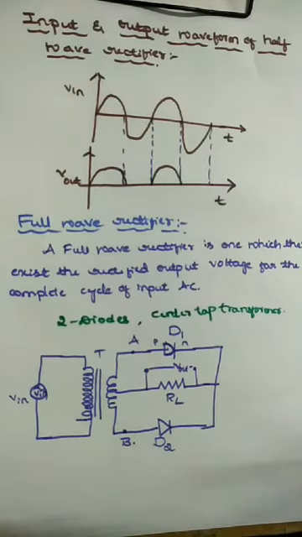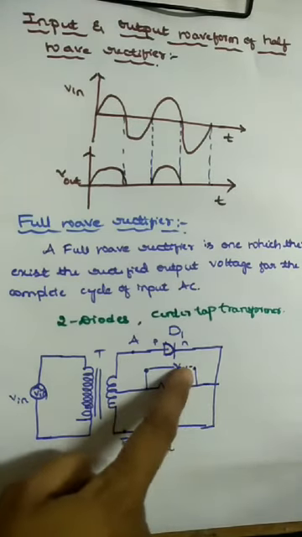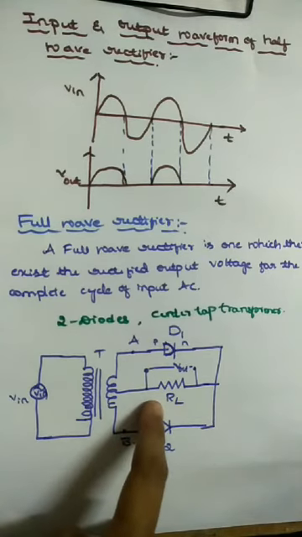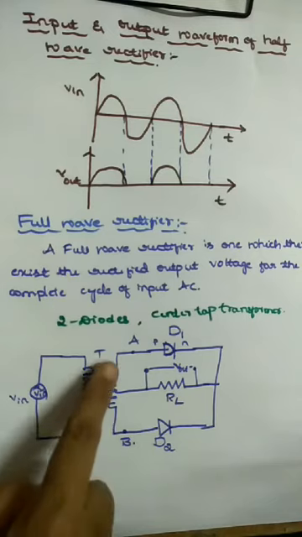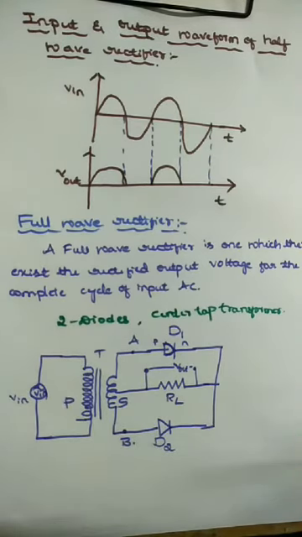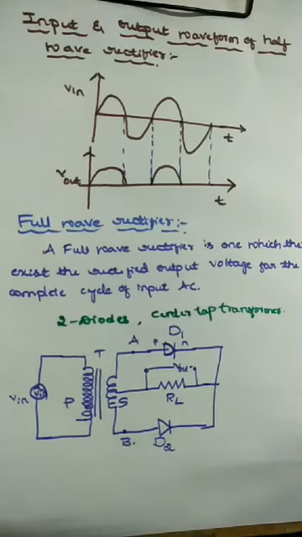So in this circuit diagram, two diodes D1 and D2 are connected with a suitable load resistance RL to the secondary of the center tap transformer.